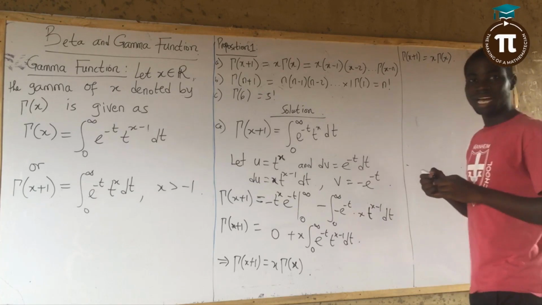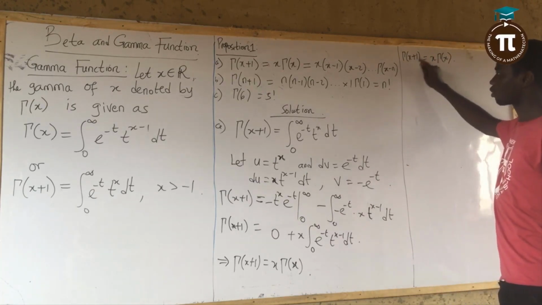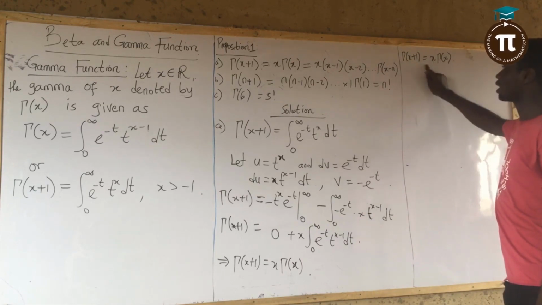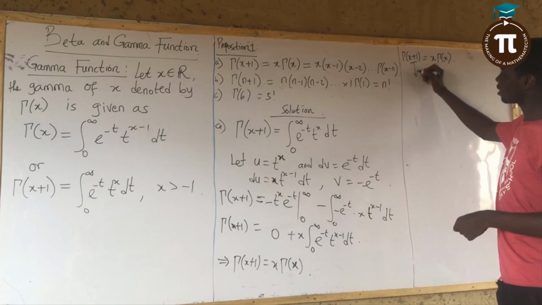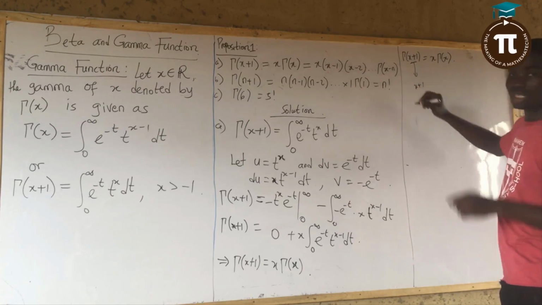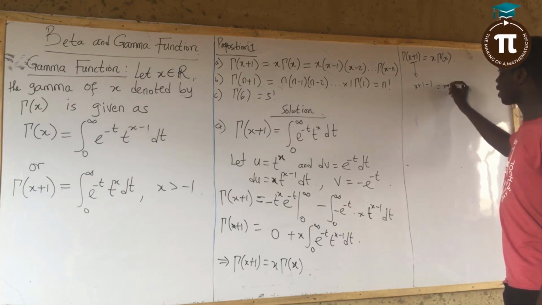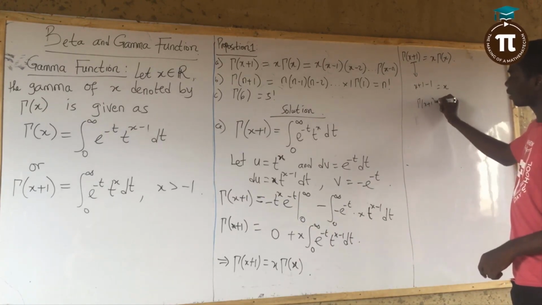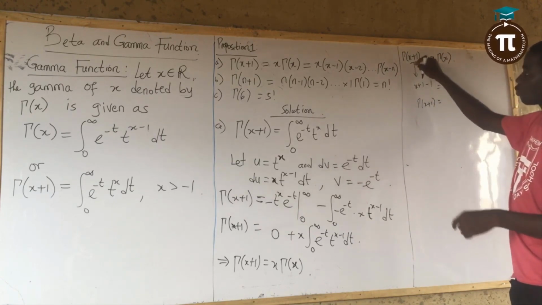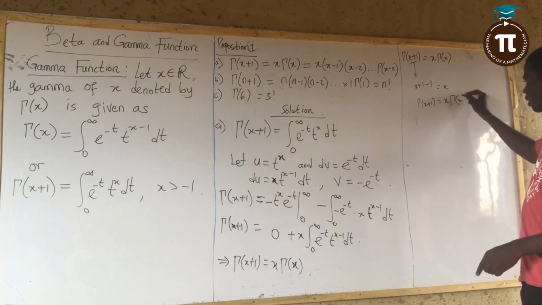So what does that mean? It means that gamma of s plus 1 is equal to s gamma of s. That is, what is inside here? S plus 1. Subtract 1, that is minus 1. You will have s. So gamma of s plus 1 equals, when you subtract 1 from what is inside, s times gamma of that same thing, gamma of s.